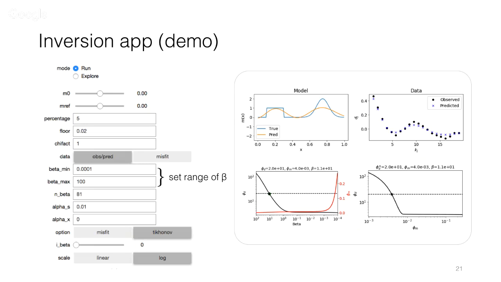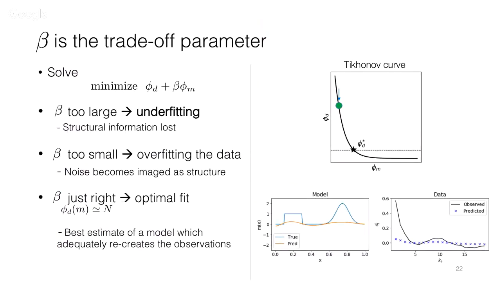Okay, so those things are crucial. They're not for every problem that we do, and you just want to keep in mind how this trade-off parameter is working, how it's affecting data misfit, how it's affecting the model norm, and at some point we're going to be looking at different models and making some assessment about, yeah, that's still looking okay, or no, that's not.